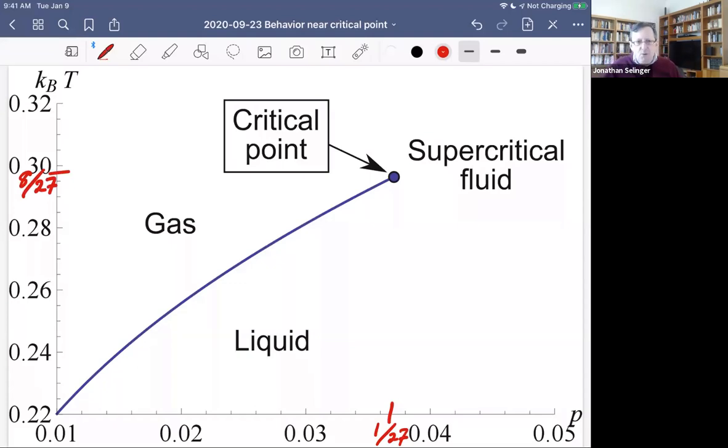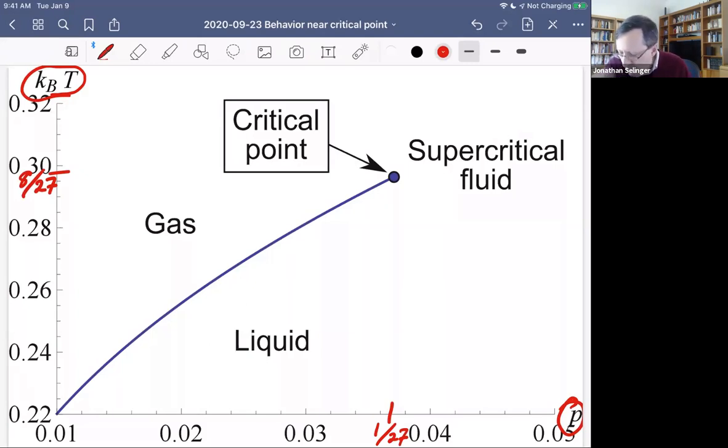Now, if we were working with a real material like water or carbon dioxide, where we have specific numbers for A and B in real units, then we could rescale and draw the pressure and temperature axes in real units, the SI units for pressure and temperature.